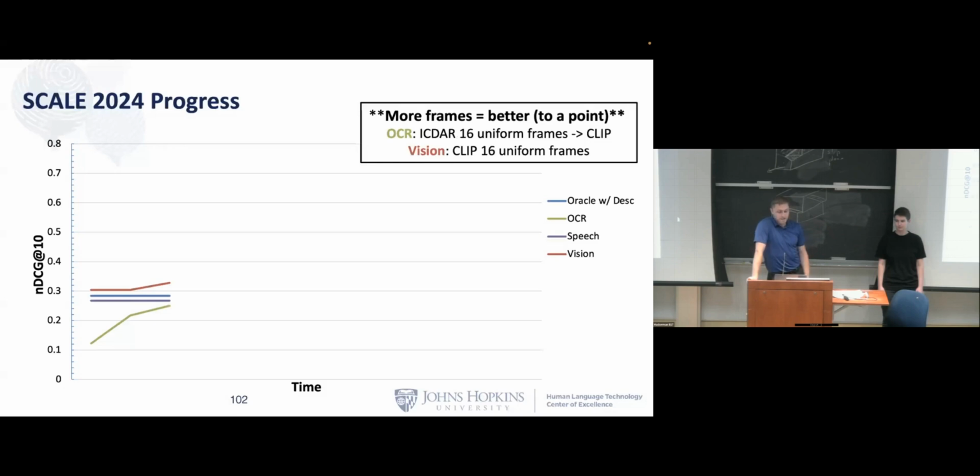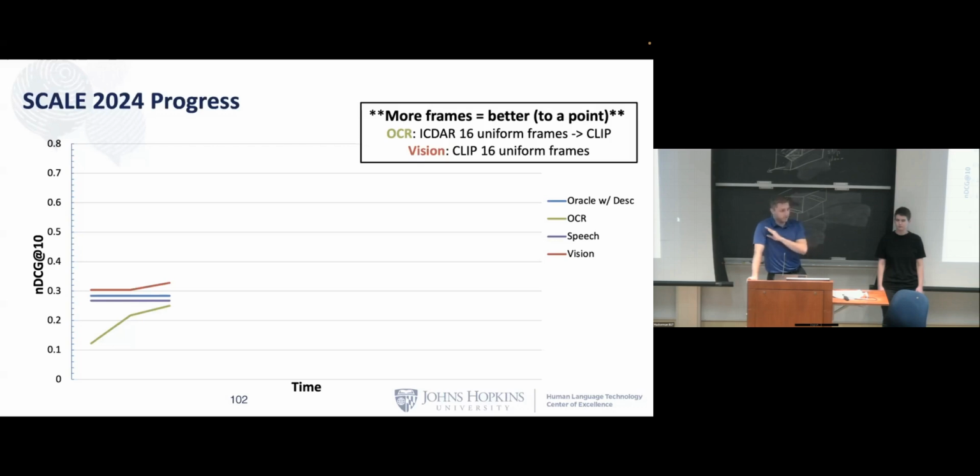And then the next insight that we looked at was a lot of different frame selection methods. How many frames can we use? What types of frames can we sample? It turns out that 16 was roughly a good equilibrium. It didn't improve after that on the vision side.